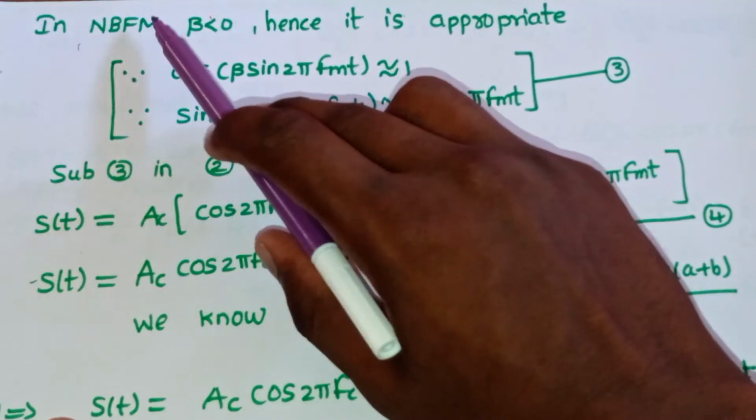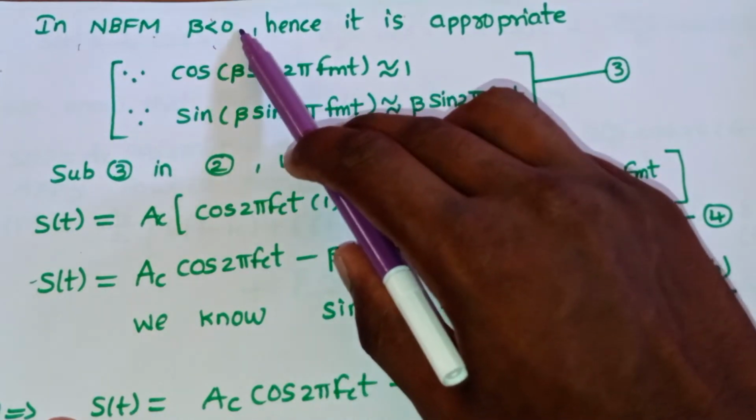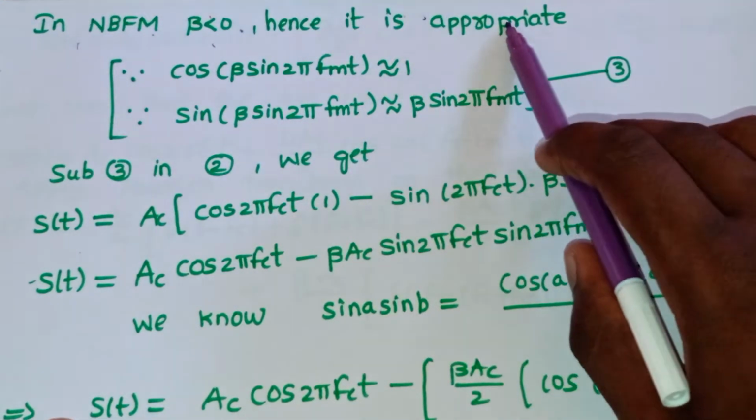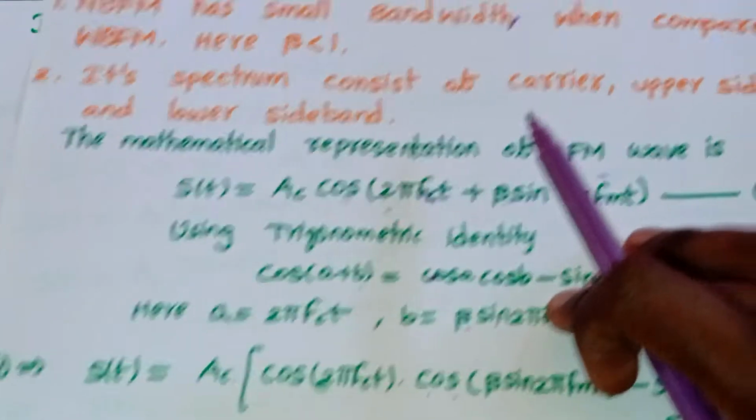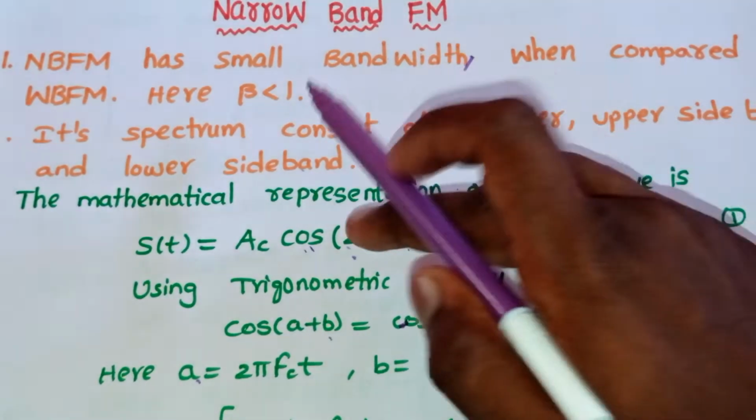Now coming to the next step. In narrowband FM, beta is less than 1, hence it is possible to approximate.